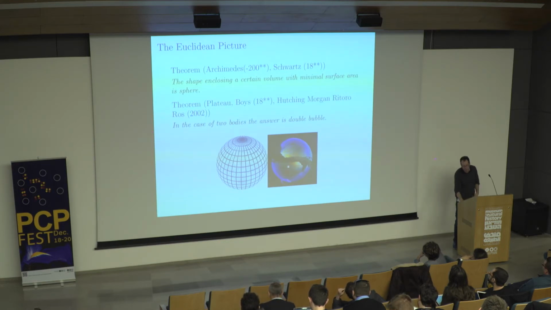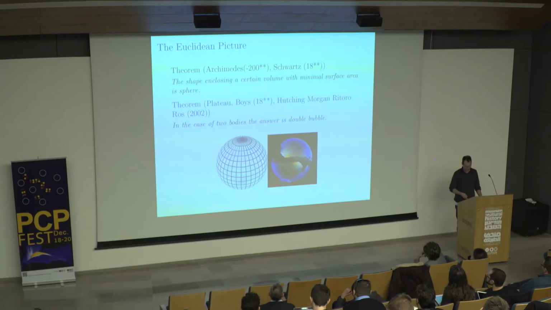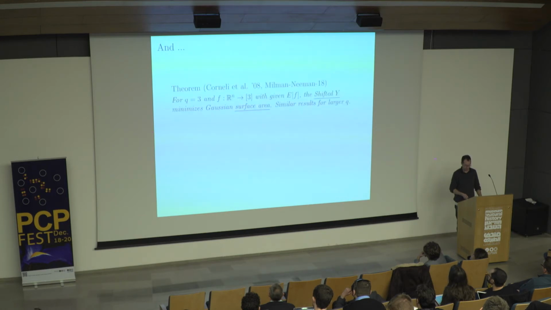This is a physical manifestation of the double bubble. You have a big bubble here and a small bubble here, and you should think of the third body as the rest of the space. So there are analogs here. If you are a geometer, you can see why all of these things are related. If you are not a geometer, it might be harder to see, but there's the same geometric picture that arises in all of them.